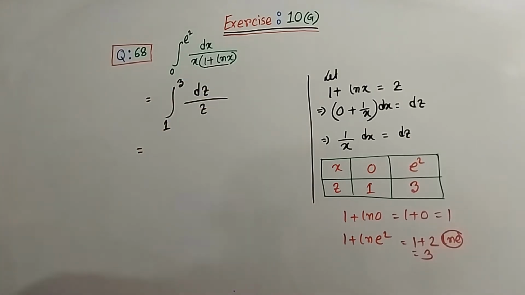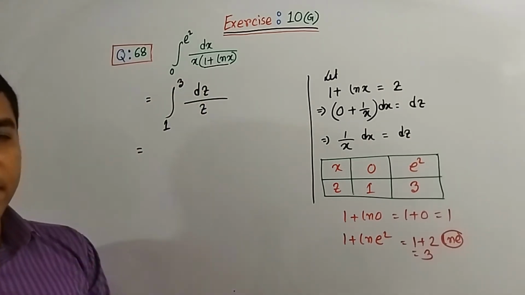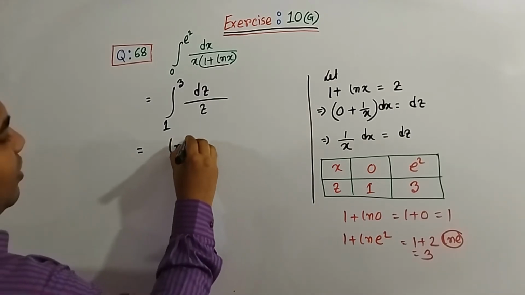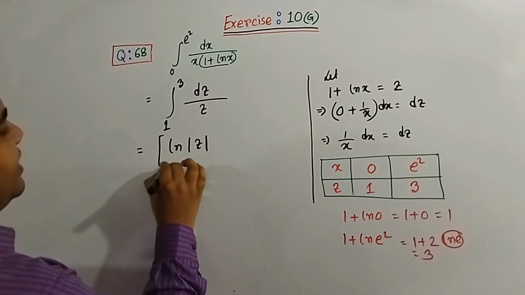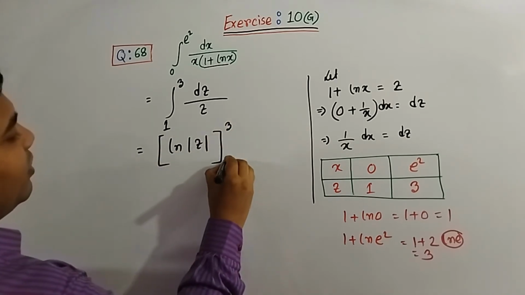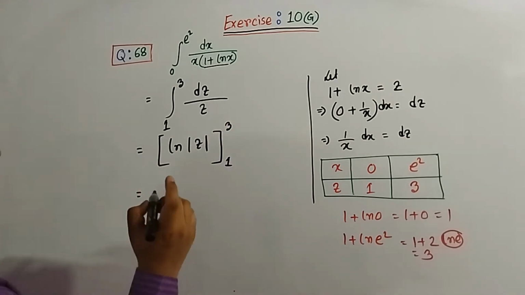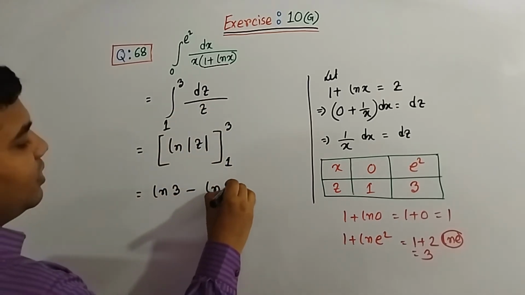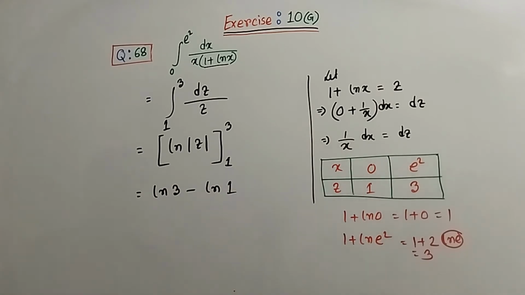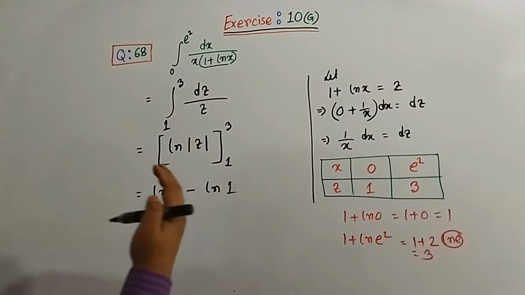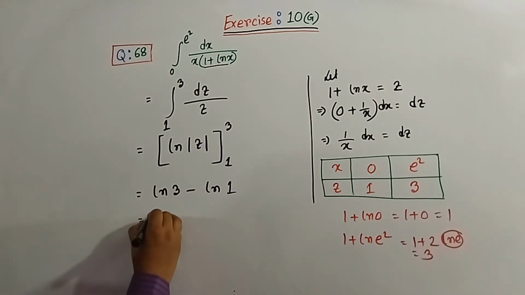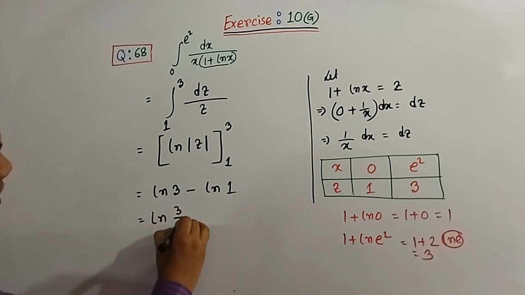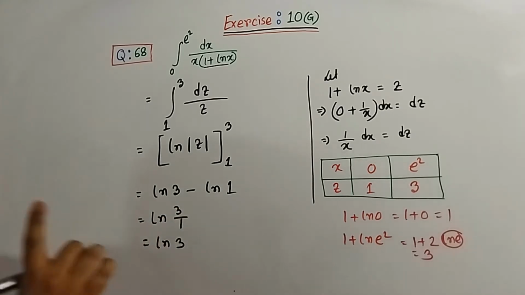So we know, my dear students, 1 by z dz is nothing but ln z, and here 3 and 1 will remain. So we know the upper limit will come first, so ln 3 minus ln 1. From here, it can be written as ln 3 by 1, so it can be ln 3, that is one thing.